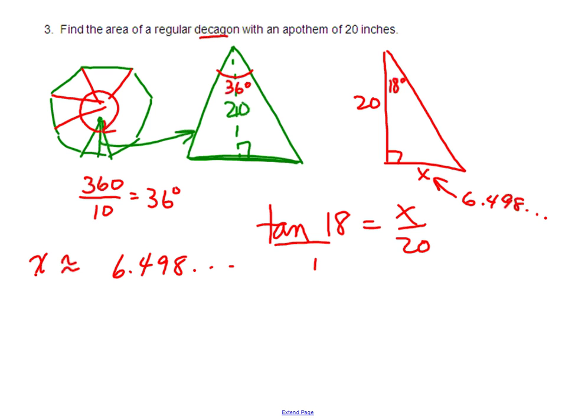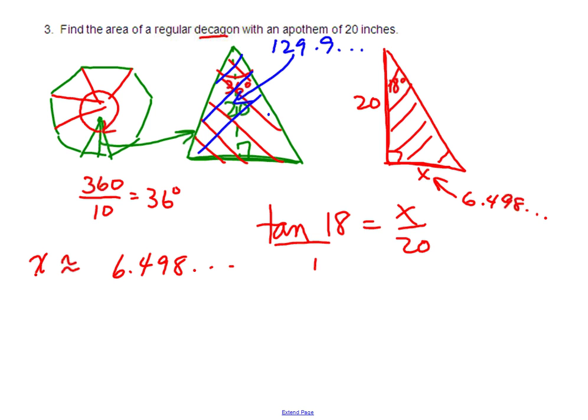And then just do this base, so that's 6.498, times 20, divide by 2, and you'll find the area of that triangle, times 2, to get the area of this whole triangle here. For this whole triangle, that turns out to be somewhere around 129.9. So that's this whole triangle here.